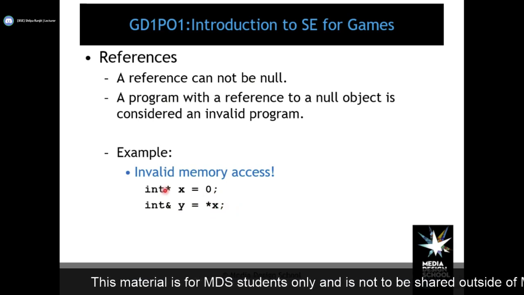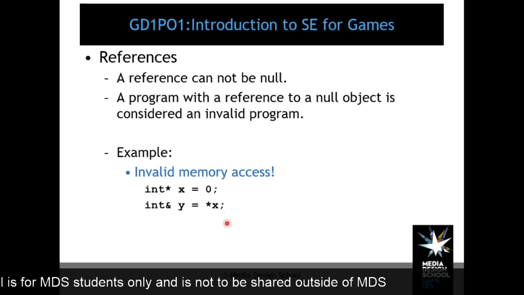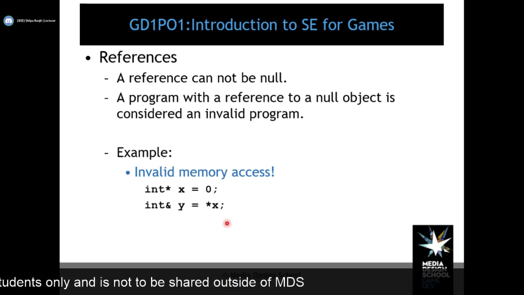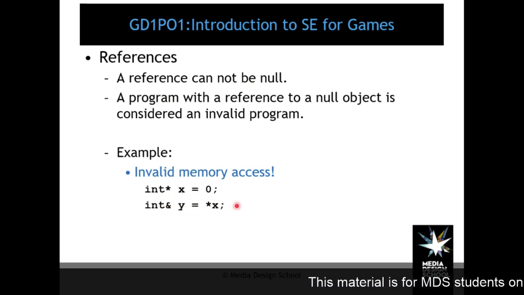So just take care of that whenever you declare references. All right, because this is something you will need to do. You will need to check on your own to make sure your reference is not pointing to an invalid memory location, because this particular statement is not going to throw you an error.